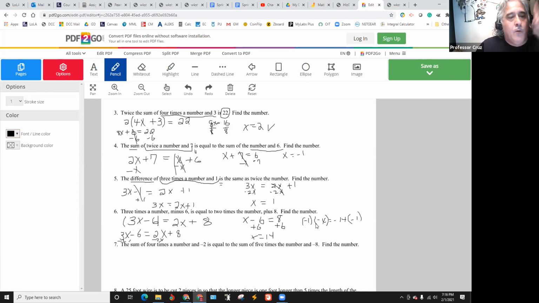You want to know what one positive X is equal to. So that's why that comes out to be 14. Because true, one of your steps is negative X is equal to negative 14, but you've got to go one step further and change the signs of both of them.